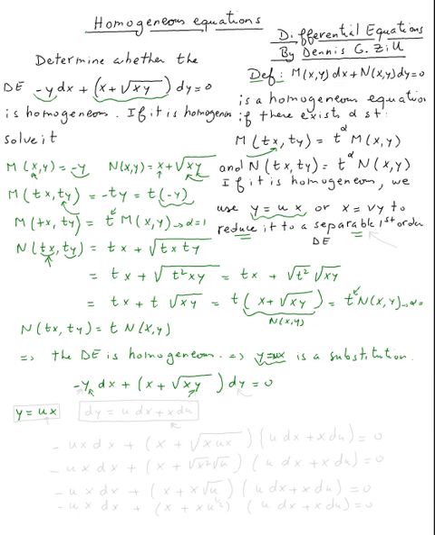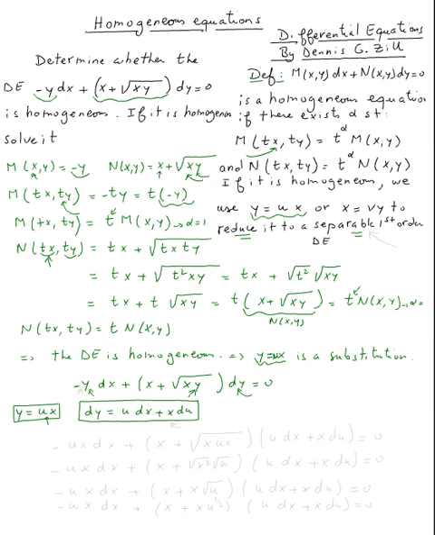Whatever we see y, we need to plug in ux. We also need to replace dy. But how do we find dy? It's just the product rule: dy is u dx plus x du. So this is the only two things we need to plug in.